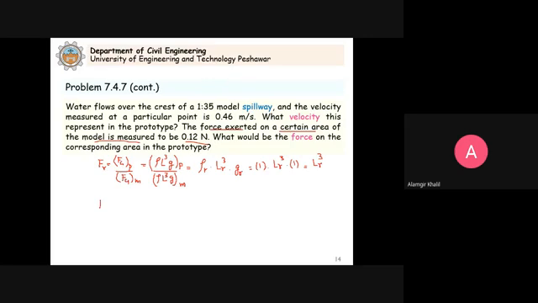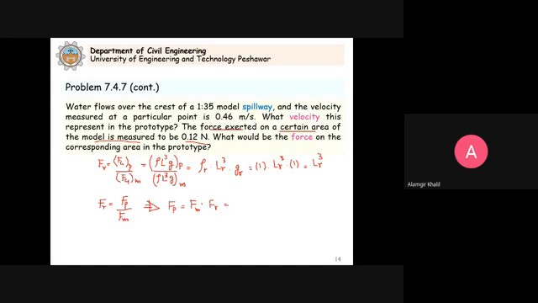We already know that this Fr is equal to Fp divided by Fm. So now from here, we want to calculate the force in the prototype, that will be equal to Fm into Fr.